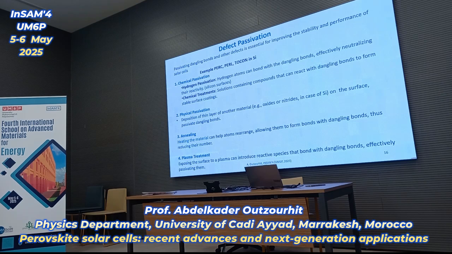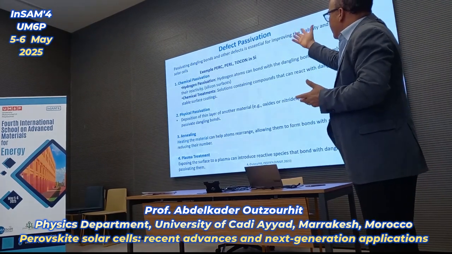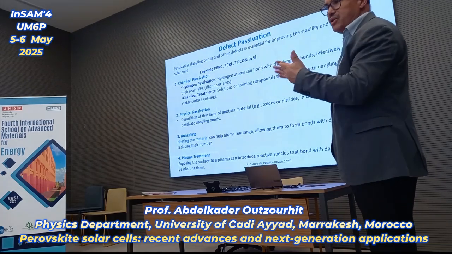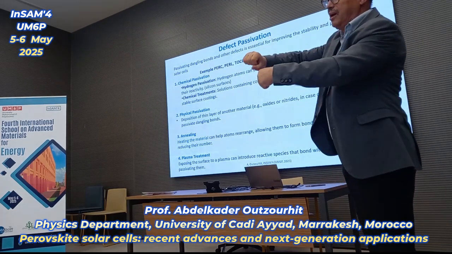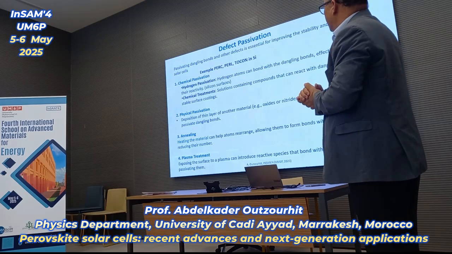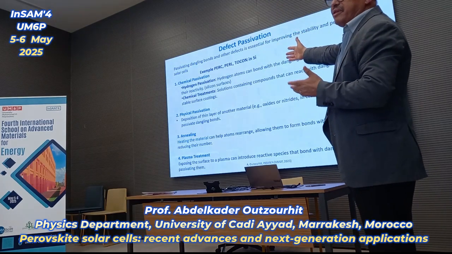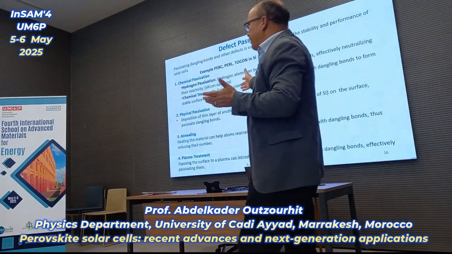They're trying to passivate the surfaces, because that's where the problem of silicon is. So you have what we call chemical passivation. You just react the surface, for example, with hydrogen. In the case of silicon, hydrogen will be linked to the silicon dangling bonds, and you can treat with other chemicals. You can deposit a thin film, what you call physical passivation.